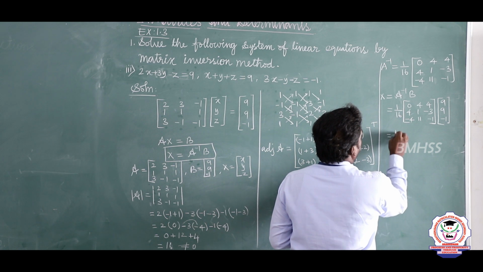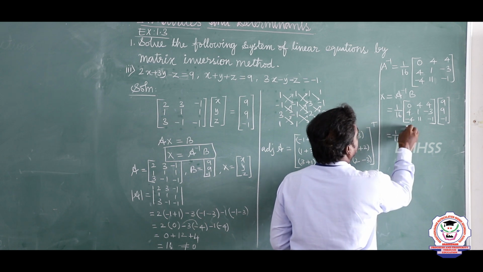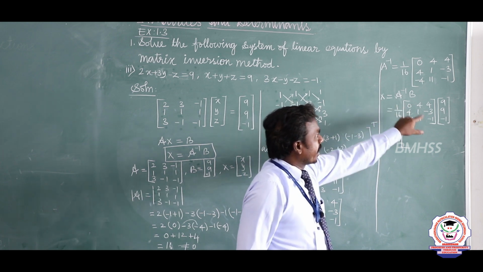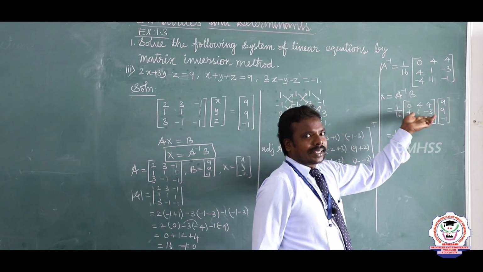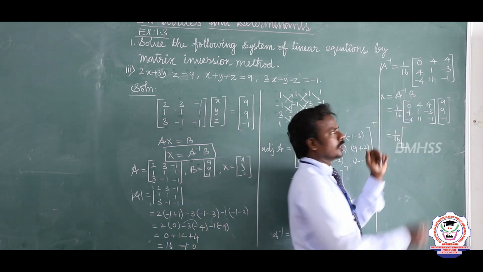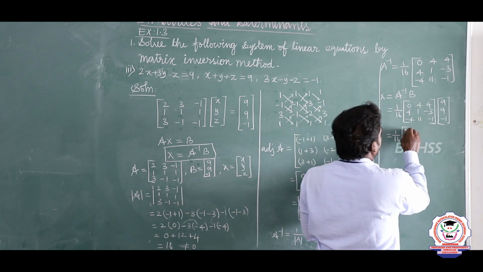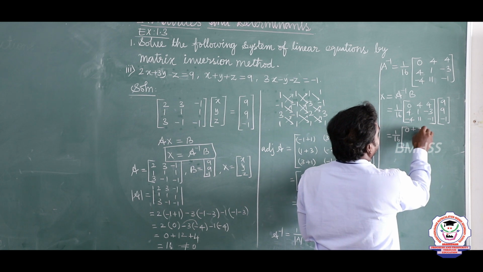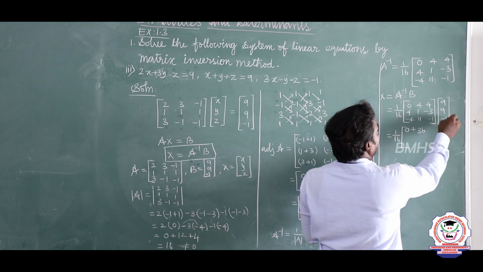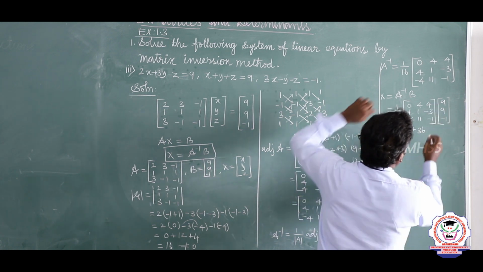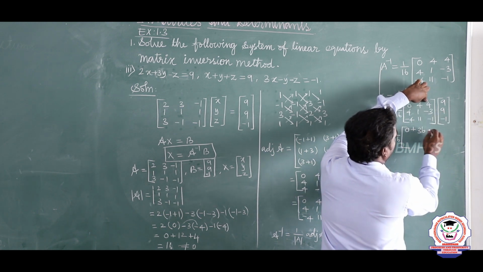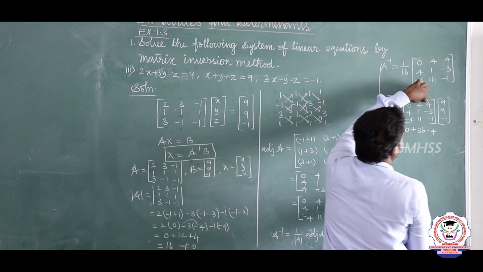1 by 16 into. The first row of this matrix operates on the column matrix. So, 0 into 9, 0, and 4 into 9, 36. Again 4 into minus 1 is minus 4. So, first row over.